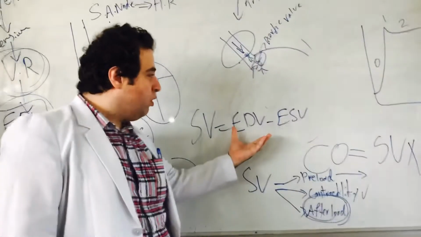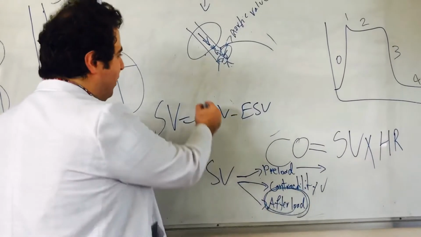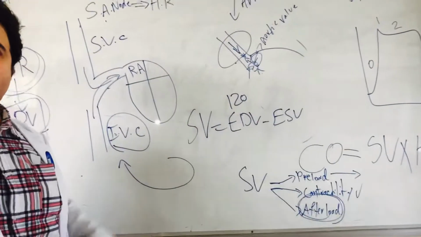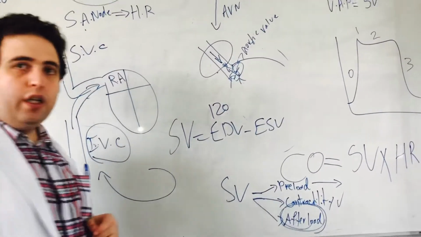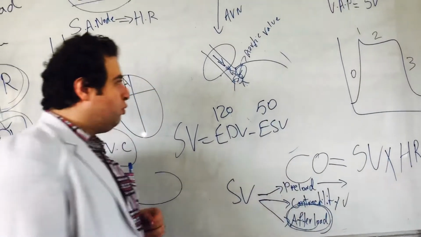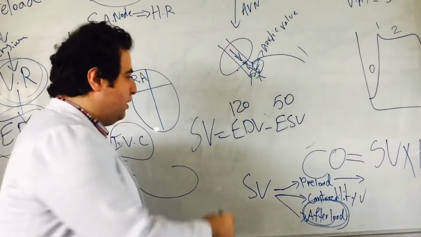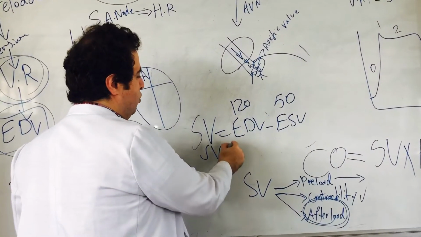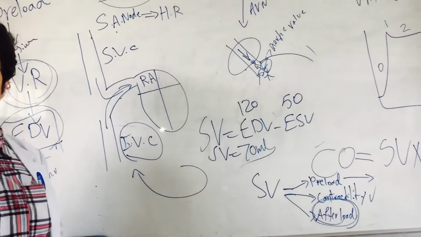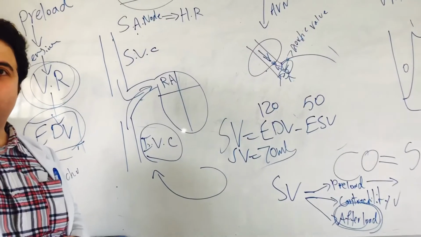End diastolic volume, the physiology book says, is normally 120 ml. End systolic volume is 50 ml. So stroke volume is 120 minus 50, normally 70 ml. This is how we find the stroke volume.